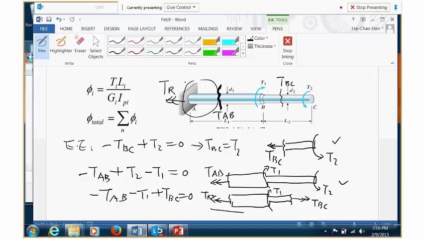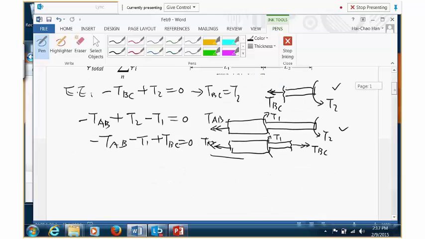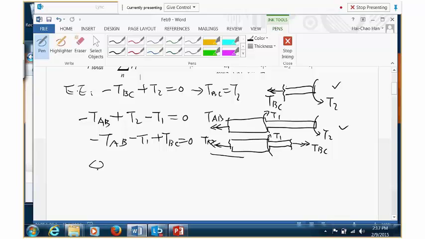Okay, anyway, now back to this problem here. Right? So from here, what we show here, you find out TAB and TBC. Now, can we find out phi AB and phi BC? The AB segment, how much does it rotate? Can we find out? Yes, because I already know TAB, right?